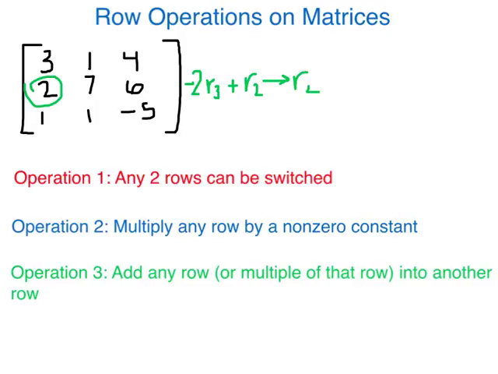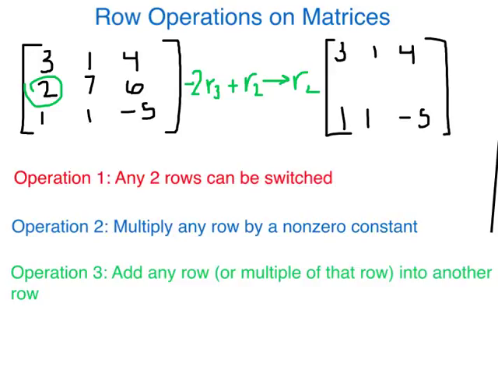So you're actually not changing row 3 at all. You are just going to use row 3 as a tool to change row 2. So that means I'm going to write the rows that I am not changing here. I am not changing row 3 or row 1.